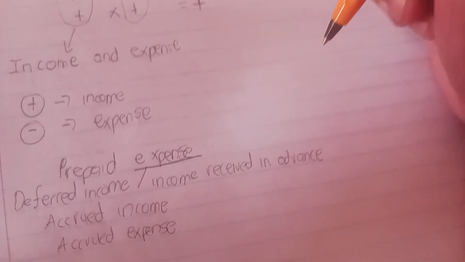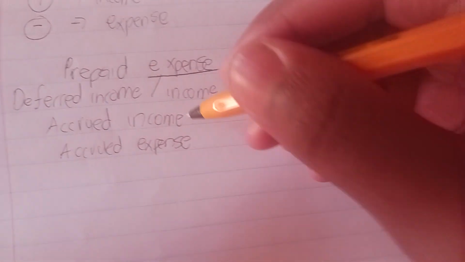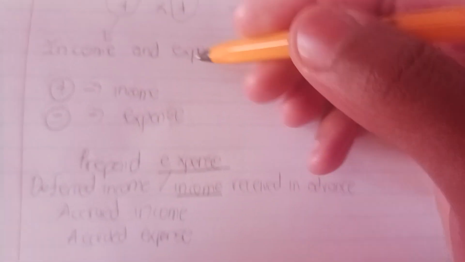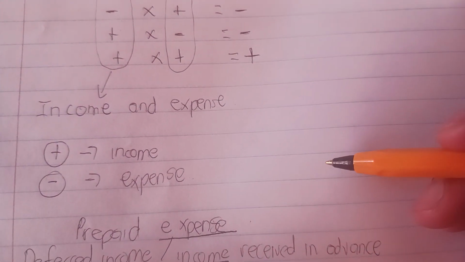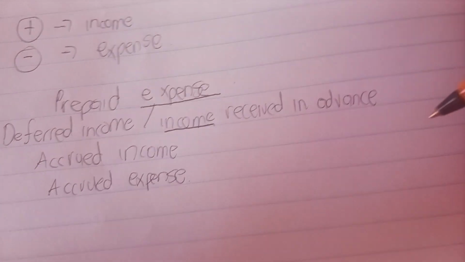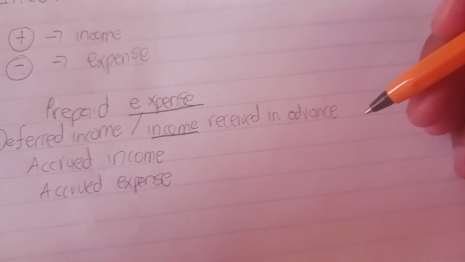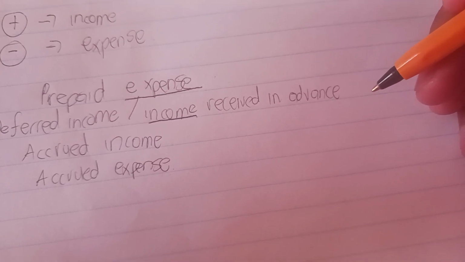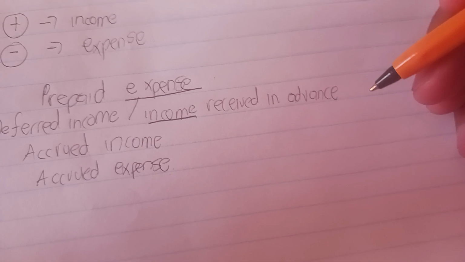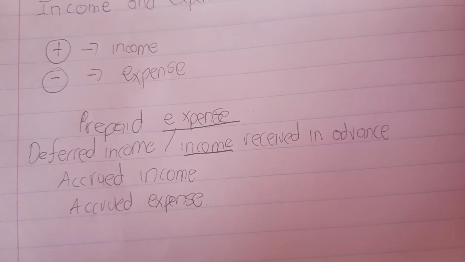All right. So now let's move over to the deferred income or income received in advance. So firstly, it's an income, right? So it has to be one of these two items. It's a plus. It's an income, right? Now, an income received in advance. Say for example, you have a tenant, and that person decided to pay for 13 months, and there's only 12 months in a year, so there's 1 month extra. So he paid over. So you have to subtract that because that's not your money.